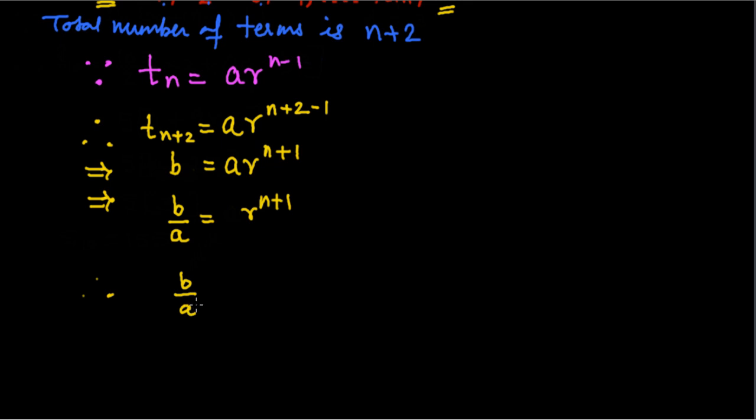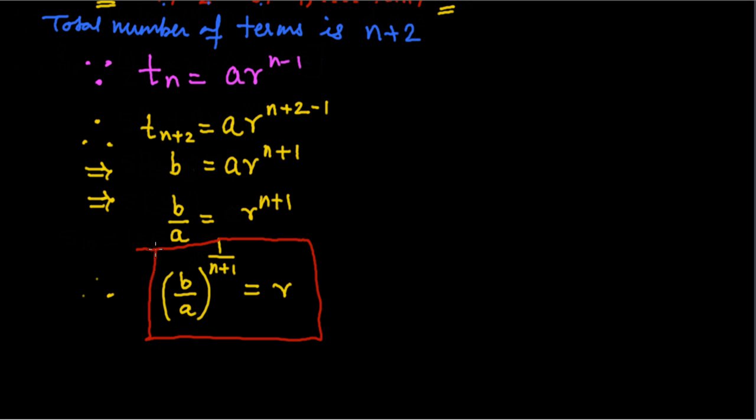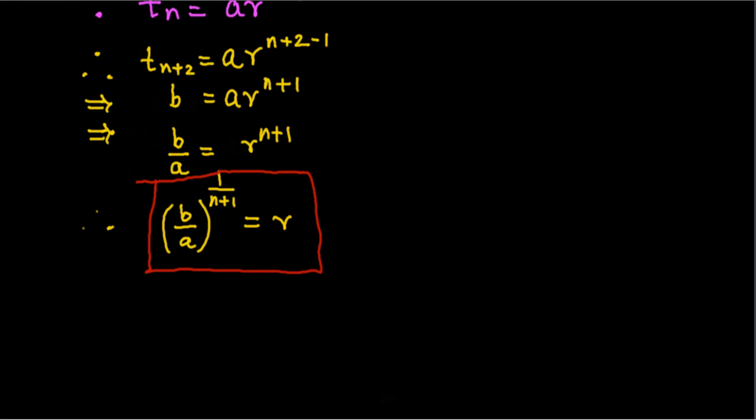If we transfer the power to the other side, it will be in the denominator, 1 upon n plus 1, is equal to r. So in this way we can easily find r through this formula, and putting r we can easily find the geometric means.